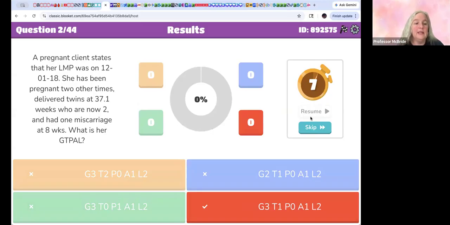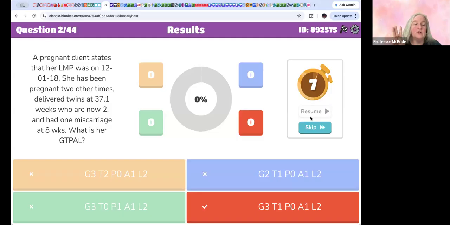She's pregnant now. That's 1, right? Her last menstrual period was 12/1 of 2018. That doesn't matter for her GTPAL, but I think we see her again in this game, so that'll matter later. She's been pregnant 2 other times. 1, 2, so now we're up to 3.